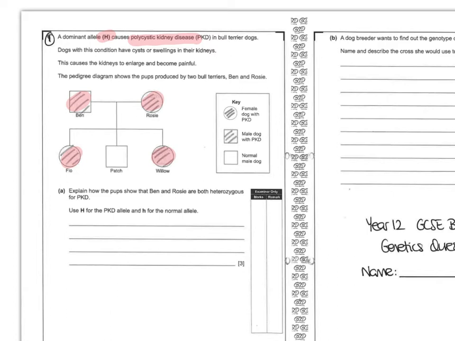You only know one individual's genotype straight away. Which individual can you tell me their genotype, just from looking at that? Patch. Beth, can you explain why that is? Because the allele of polycystic kidney disease is dominant, you would need to have homozygous recessive.